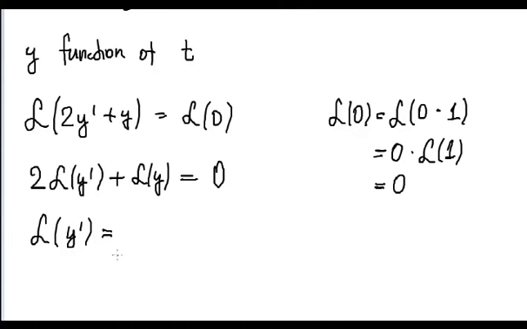I'm just trying to make sure that I will not get the formula wrong. Okay, there we go. So it's s multiplied by Laplace transform of y minus y evaluated at 0. And it is here where the initial value condition will start to come into play.